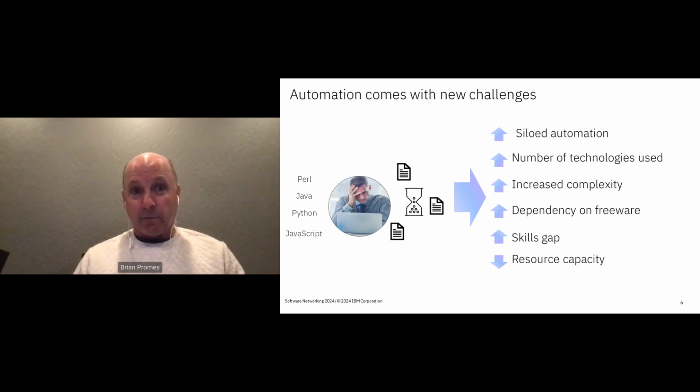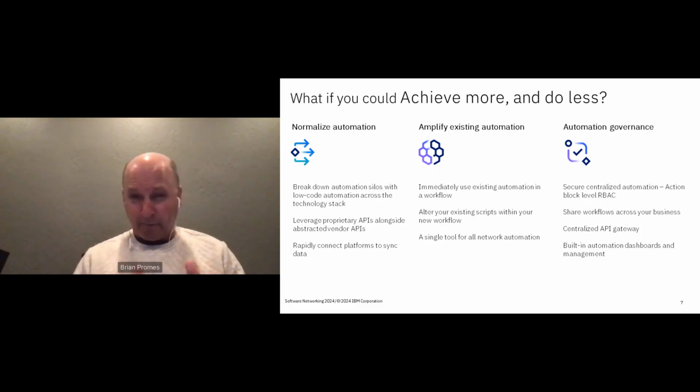What we're looking to do, and begin to think about, is what if you could achieve more and do less, by normalizing automation, by amplifying the existing automation folks already have? The automation folks have been doing it in very functional ways, but now you can provide a governance model on top of those automations you have, amplify them, and then make it that much easier for you to go build more automation.